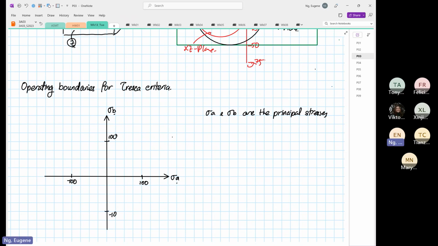And this is minus 100. Right. So Tresca criteria, the operating boundary looks like this. Now this is stress A and stress B, yeah? It's not normal stress and shear stress, okay? So this is how Tresca criteria looks like.